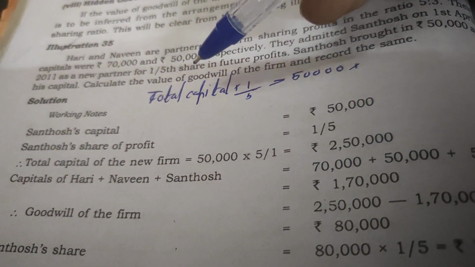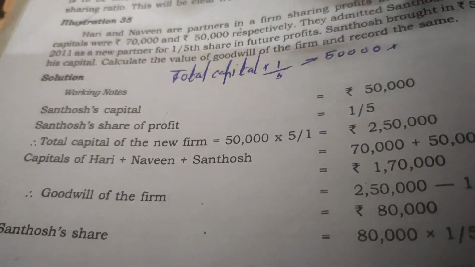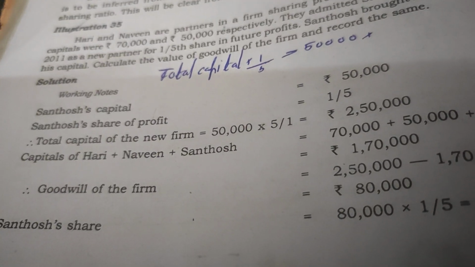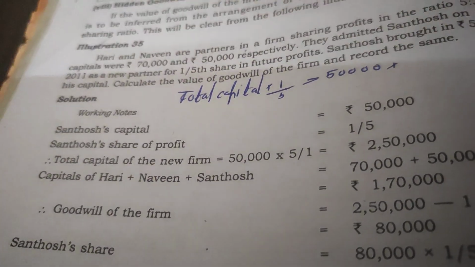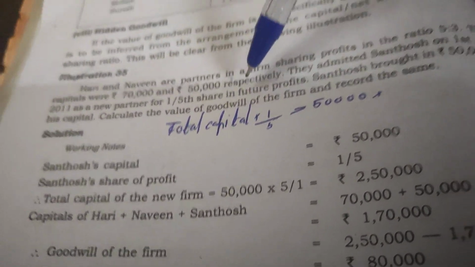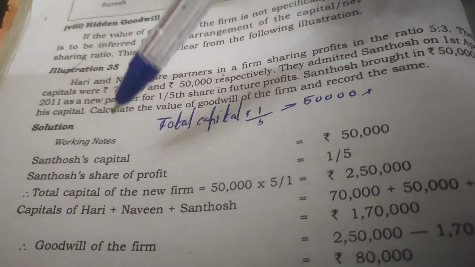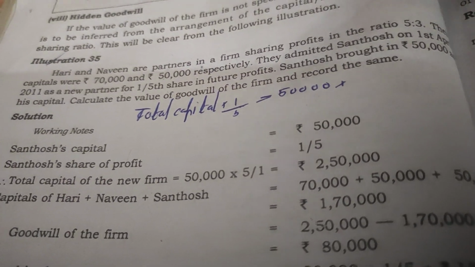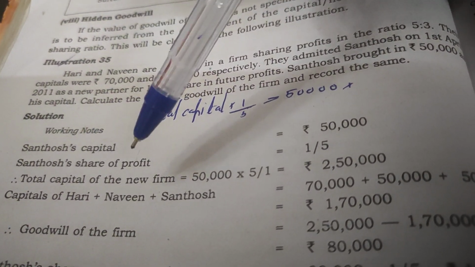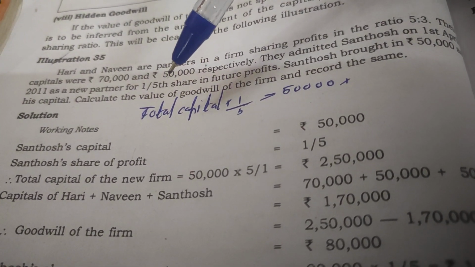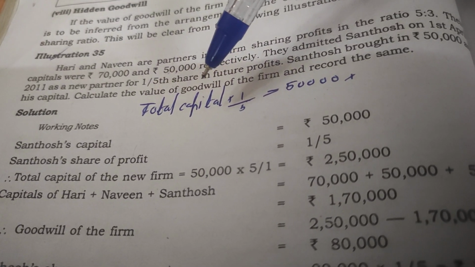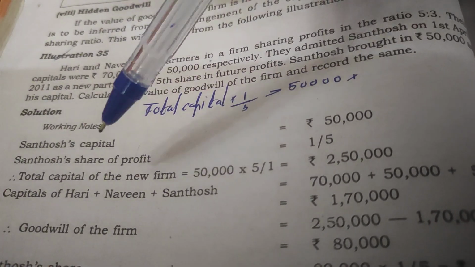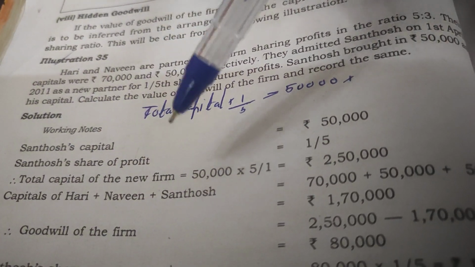So first of all, we have to make a working note to calculate the value of the goodwill. First, we write Santosh's capital, which is given in the question, that is 50,000. Then Santosh's share of profits is also given, 1/5. Then we have to calculate the total capital of the new firm.